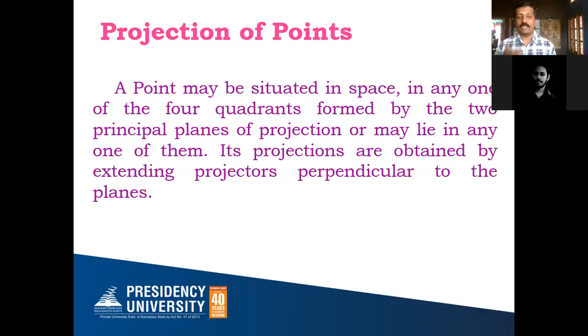Let me start with the projection of points. How can we define a point? A point is a dimensionless object. It doesn't contain any dimension. That's why we will discuss all four quadrants in the projection of points chapter.